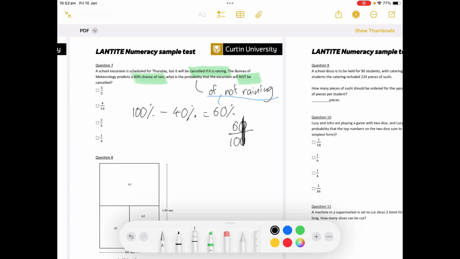Right, 6 over 10. Fractions, you always need to simplify it as much as possible. Now I can divide both of these by 2 to simplify it, okay? So 6 divided by 2 is 3, and 10 divided by 2 is 5. So 3 over 5 is going to be my answer, okay? So I've got a 3 over 5 probability that the excursion will not be cancelled.